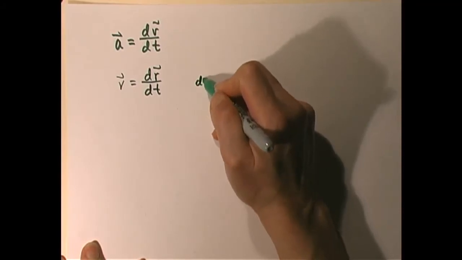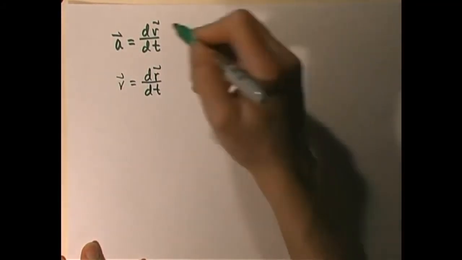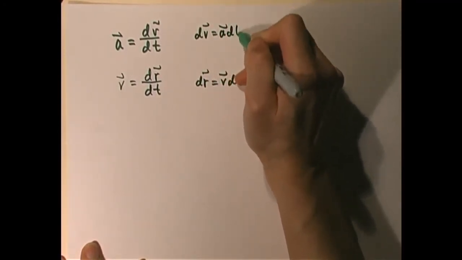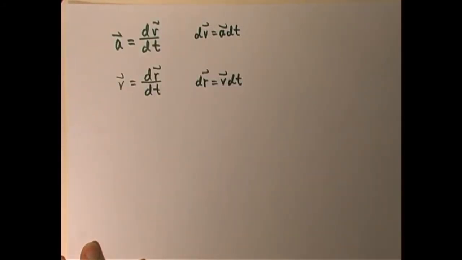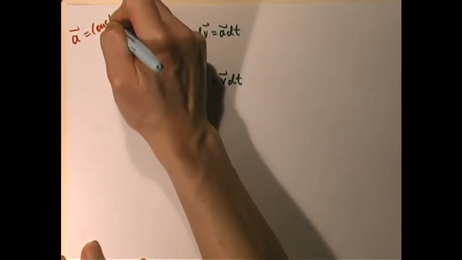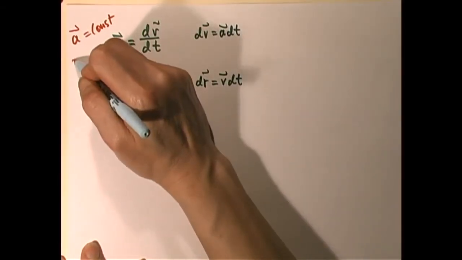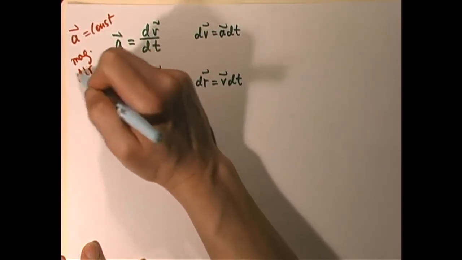We have dr equals v dt, and here dv equals a dt. If we have constant acceleration, if a is constant, now remember, a is a vector, which means the magnitude and direction are both constant.